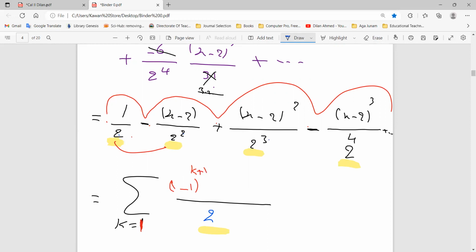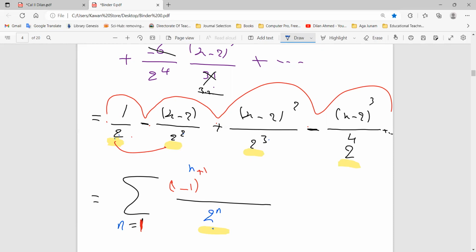So if I put k from 1, I say 2 to power k. Or you can change that to n. Let me change it to n, together, do not mix it with the k. So n plus 1, right? So 2 to power 1, yes, you are right. 2 to power n, 2 to power 2, yes.